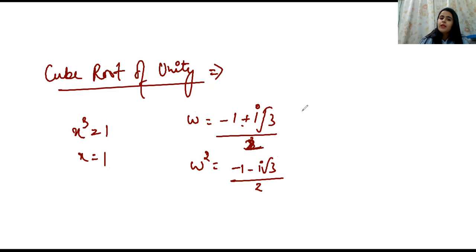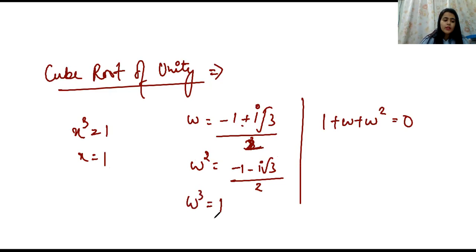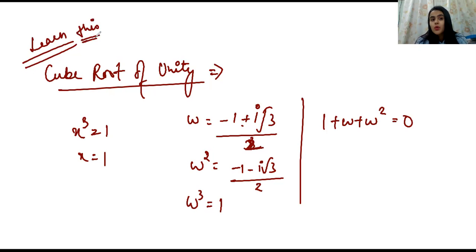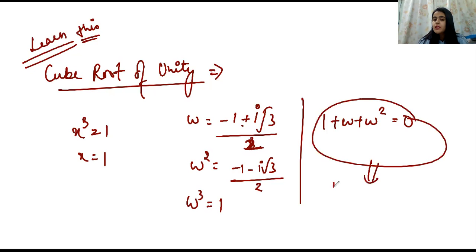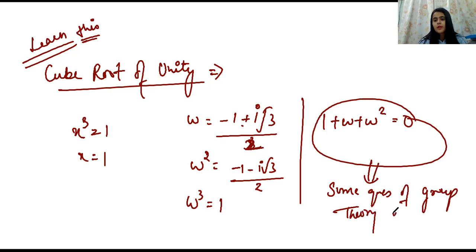Similarly, we know that 1 plus omega plus omega square is equal to 0, and omega cube is equal to 1. You must learn this. It is very important to solve questions. This cube root of unity and this function is very important. Some questions of group theory are based on that topic.